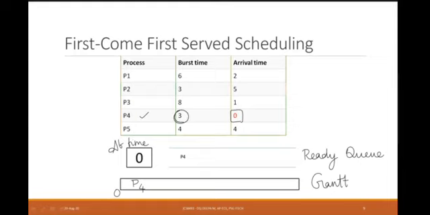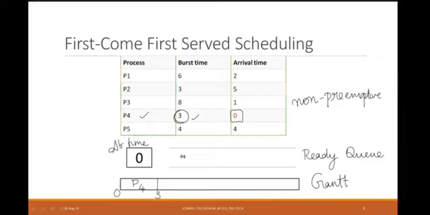We have already seen that this is a non-preemptive scheduling algorithm, which means once a process has come into the CPU, it cannot go out unless it completes its execution. So I am going to allocate this process for 3 units. This is how you schedule it.